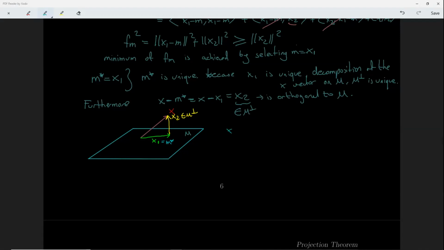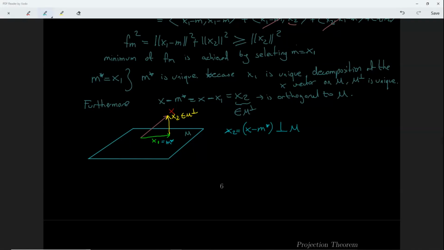And the error between them, x2, is orthogonal to the subspace. So let's write x2, which is equal to x minus M star, is orthogonal to M. Also, it's orthogonal to x1 because x1 is also in M. So the error is orthogonal to the subspace, and the error is orthogonal to the solution itself as well.